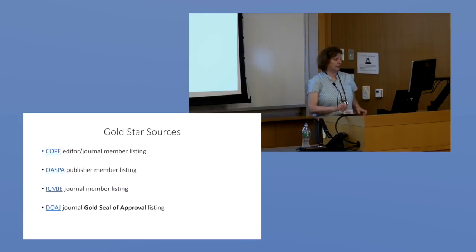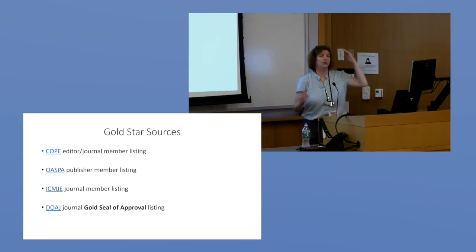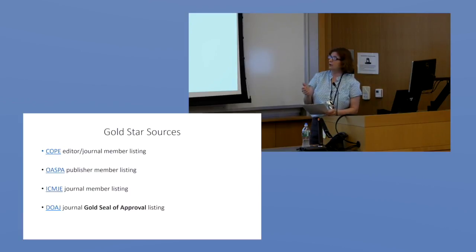So now this is the beginning of my suggestions for how to rank different sources. This is my gold list. These are sources that, if your journal is listed on one of these sources, it's a really good indicator that you have a quality journal there.